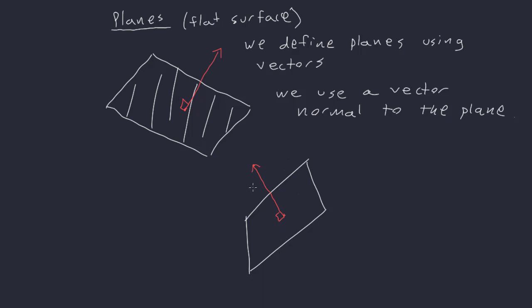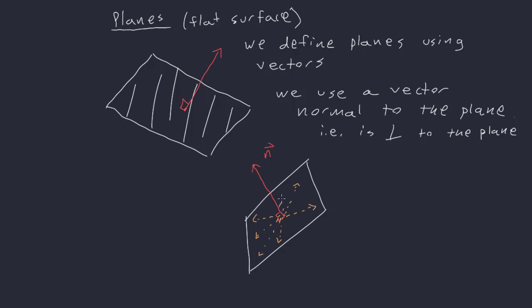So essentially what we want is a vector N that is perpendicular to the plane. More rigorously, this actually means that N is perpendicular to every vector that lives on the plane.